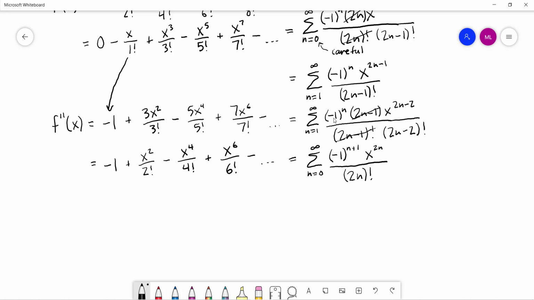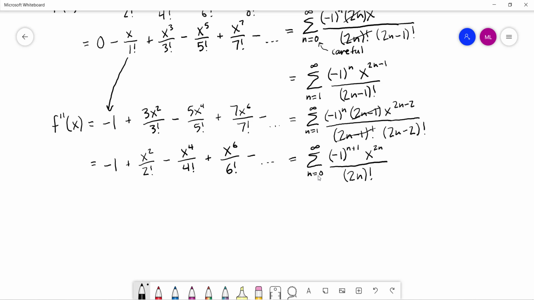There's my negative sign. And we will plug in n equals 1 over here, and I will get this power to be 0. And similarly in the bottom, I'll have 0 factorial. So 0 as my power up here makes this a 1. 0 factorial is also 1. And I'd simply get a negative 1, which is the number that we got here.